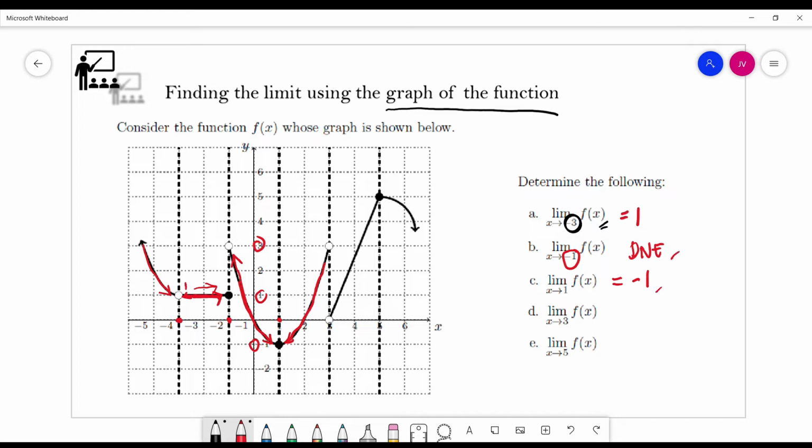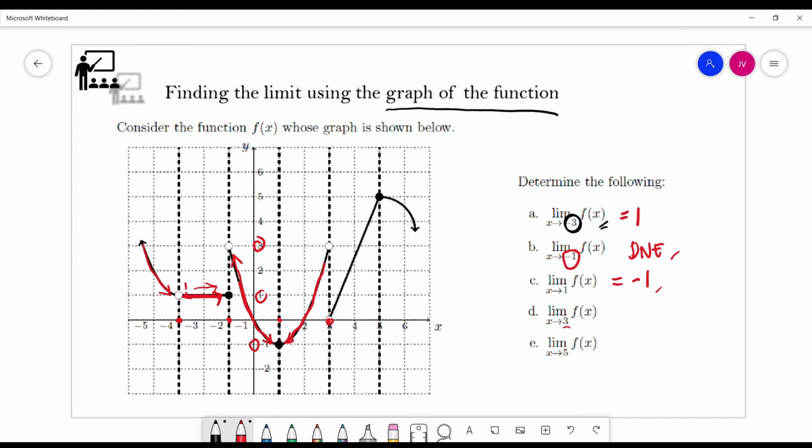Unlike yung b natin, nag-approach sila with a different value, yung isa ay 1, yung isa ay 3. So, they don't have the same left hand and right hand limit, kaya the limit of your function does not exist. So we have here 3. The value of x approaches 3, and this is your 3.